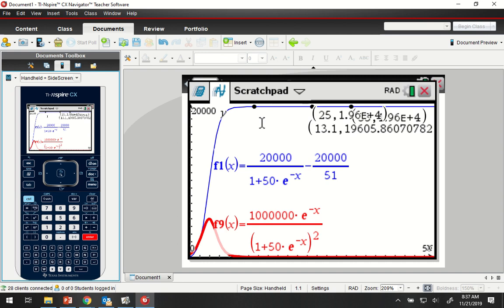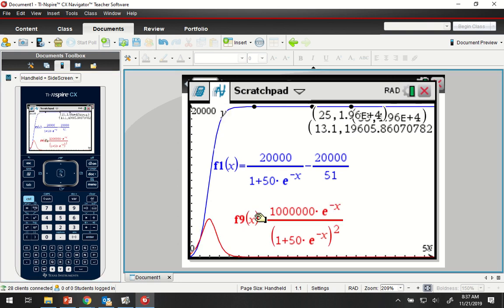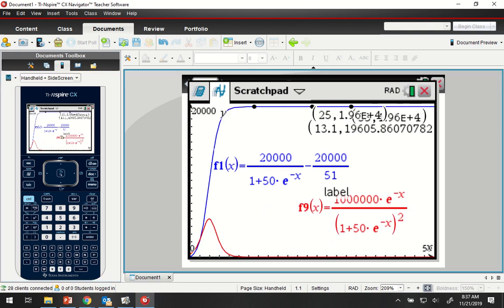So mathematically, that problem sucked. But graphically, now I can see what I needed. So this one's actually pretty easy now to see where it's at. Since I know I have a change in concavity, the min and max of my derivative is my change in concavity.